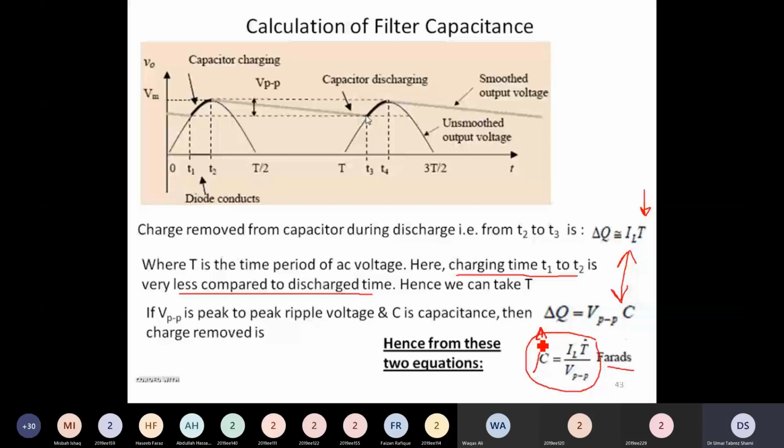That is that when we turn off the power supply, the capacitor will remain charged and our circuit will remain active as long as the capacitor is providing the current. Okay? So the best solution is to keep the capacitance small.